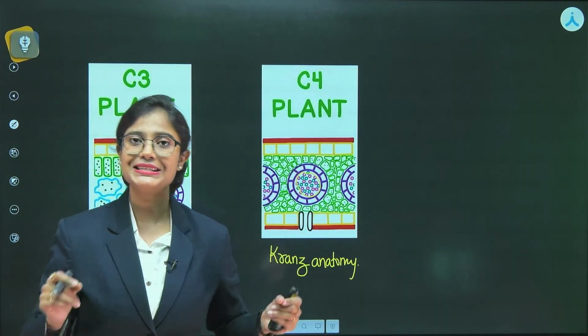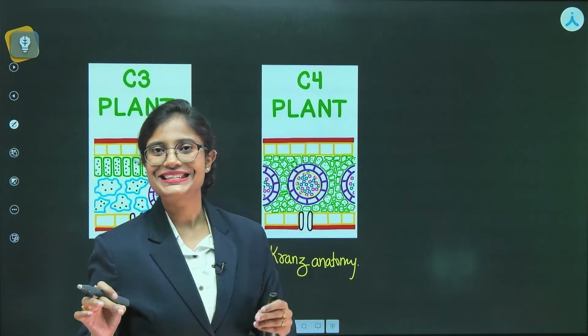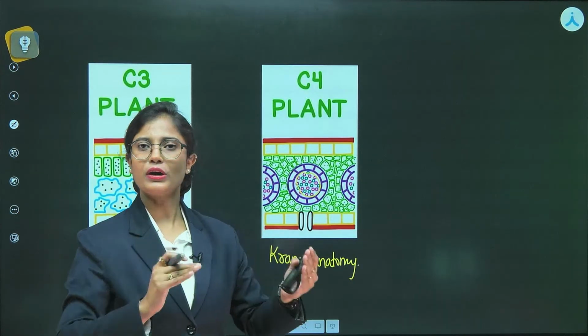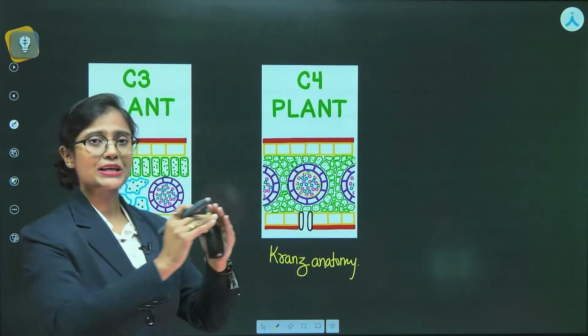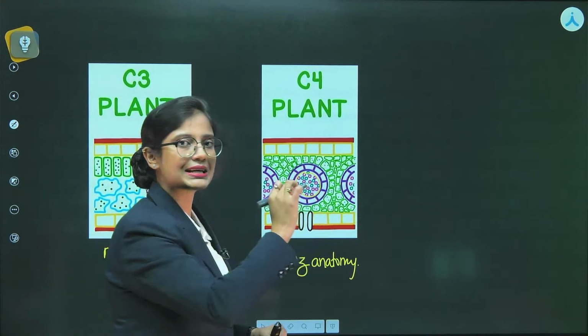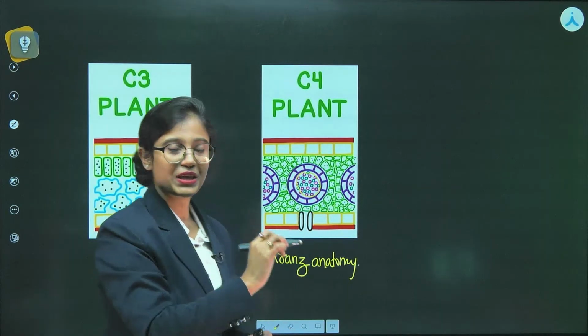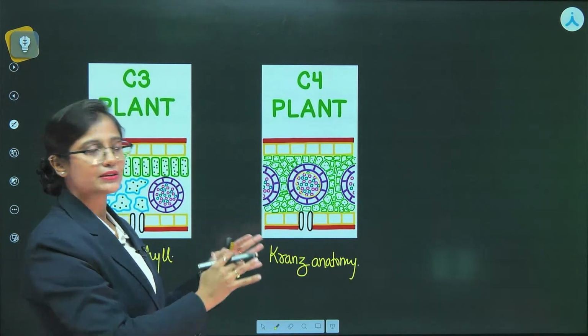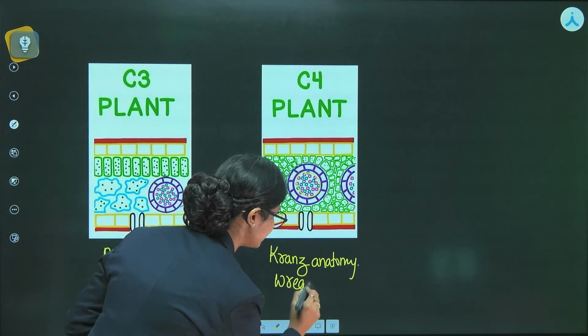These bundle sheath cells are thick-walled. They are impervious to gaseous exchange. उसमें कोई भी gas in and out बहुत easily नहीं हो सकती. That means vascular bundles are tightly packed via the layer of bundle sheath cells, and later on these are the mesophyll cells which surround it. So it is a ring-like pattern, which is also known as wreath arrangement.